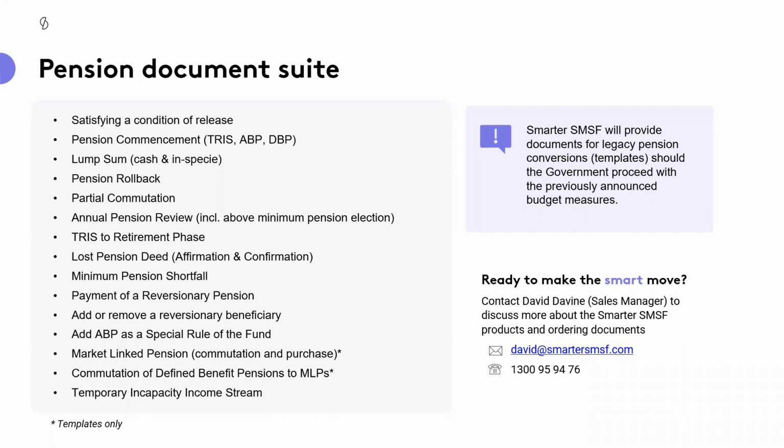So we have a deed that affirms and confirms that the pension is actually in existence, and then develop a replacement set of pension documents that will apply going forward.